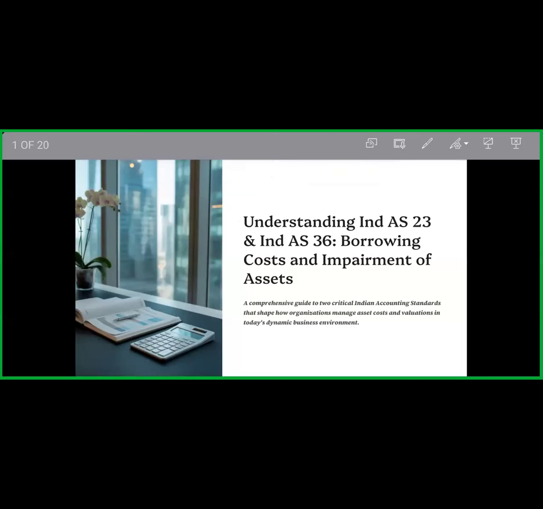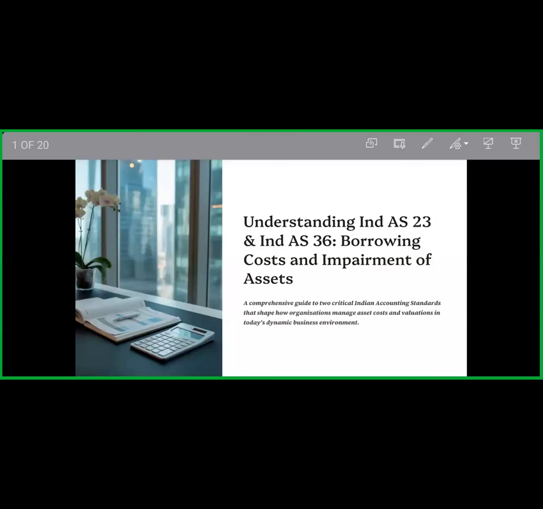How we put this borrowing cost, this interest, into the financial statements, we are going to understand in Indian Accounting Standard 23.